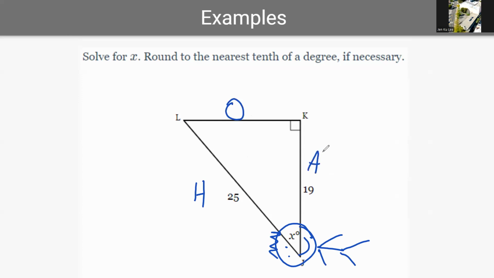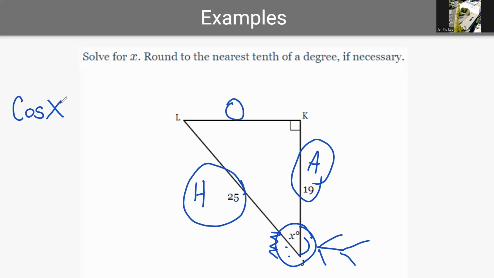And right next to it is my adjacent side. So again, I have A and I have H, 19 and 25. And I want to figure out what angle J is. So what trig function deals with A and H again? It's cosine. So the cosine of x degrees equals 19 over 25.